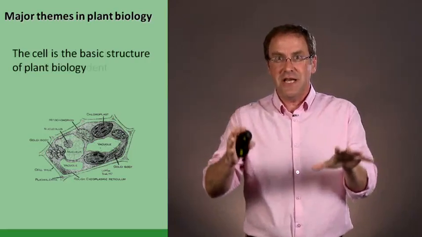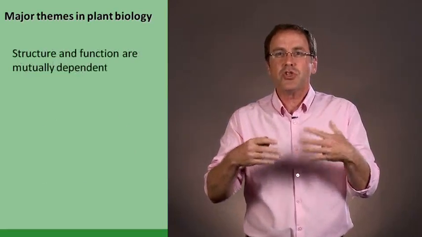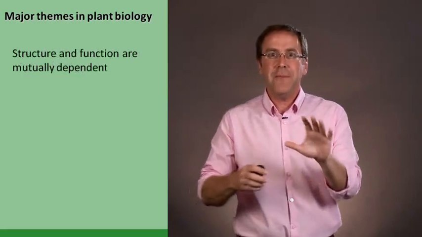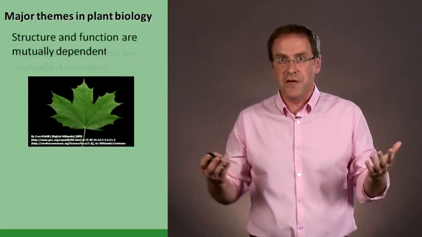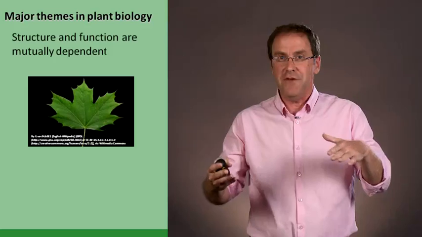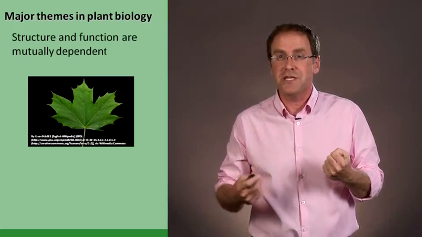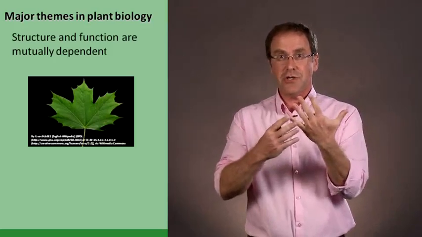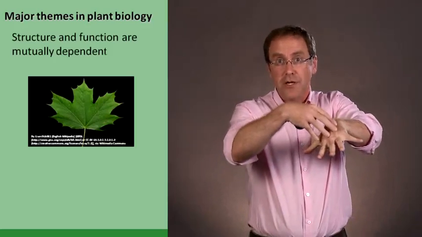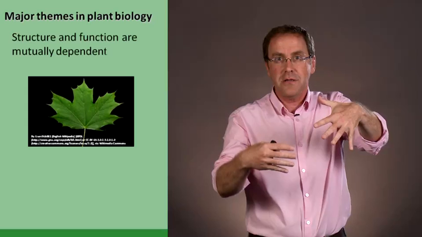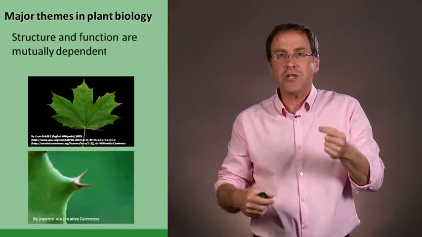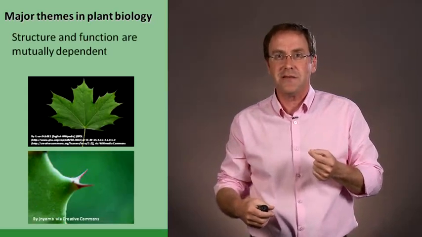Now, at each of these levels, there's what we call structure and function. For example, if we look at a leaf, what's its function? I think we all know the function of a leaf is to absorb the light, the energy that a plant needs for photosynthesis. So what's its structure? It's flat in order to absorb all that light. But what's the structure of a leaf in a cactus?